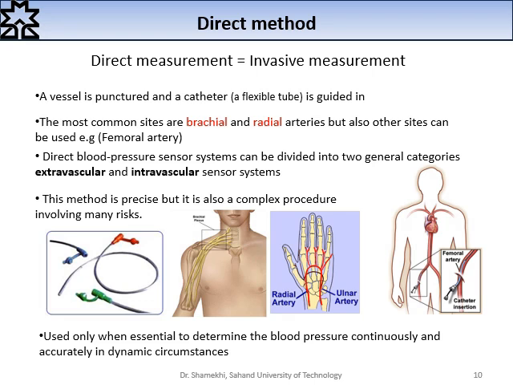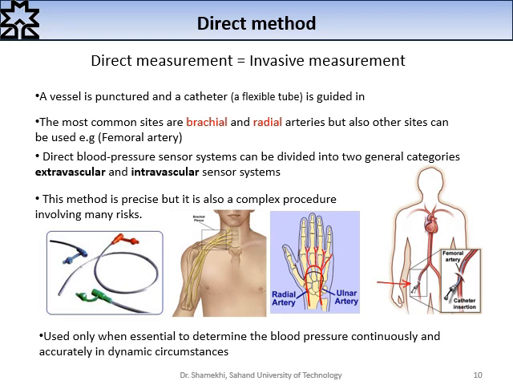As you can see, in the direct method, a vessel is punctured and a catheter is guided inside the vessel. The most common sites are the brachial and radial arteries, but other sites can also be used, for example the femoral artery, as you can see in this.